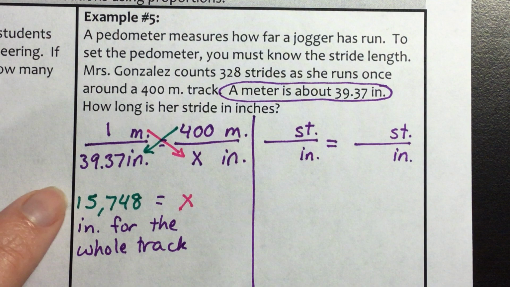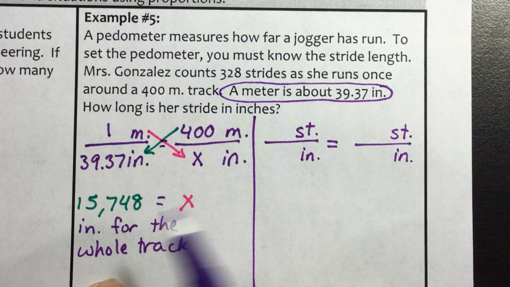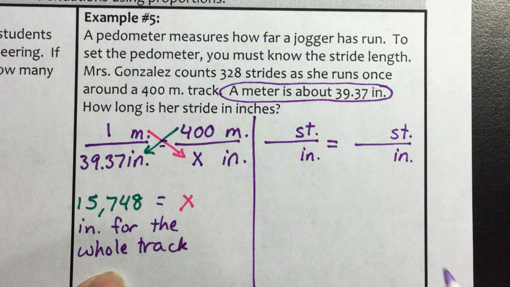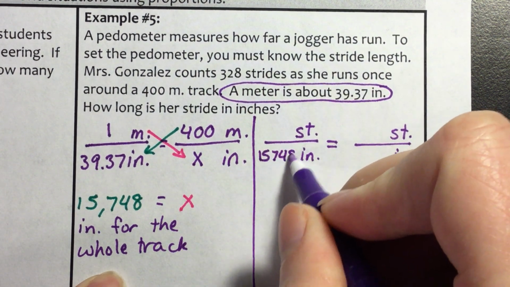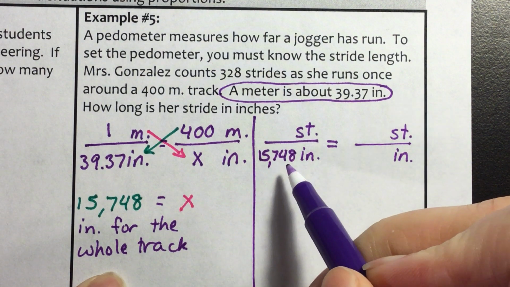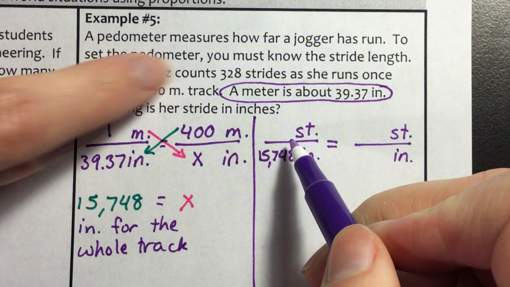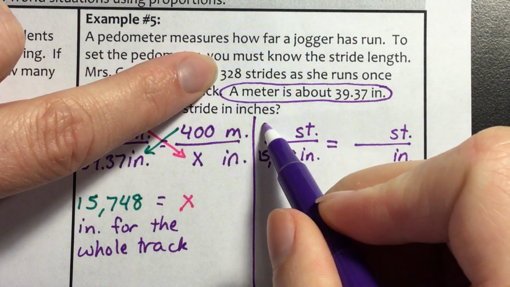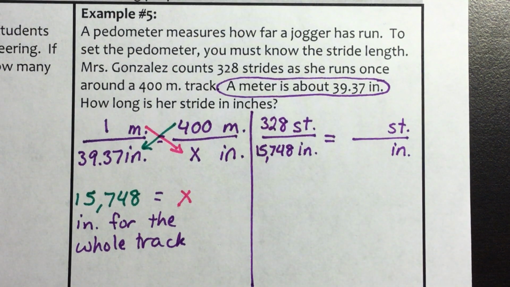Okay. From before, we know that there are 15,748 inches in the whole track. How many strides are there in the whole track? We were told earlier there's 328 strides in the whole track. Okay, so that sets up one scenario.